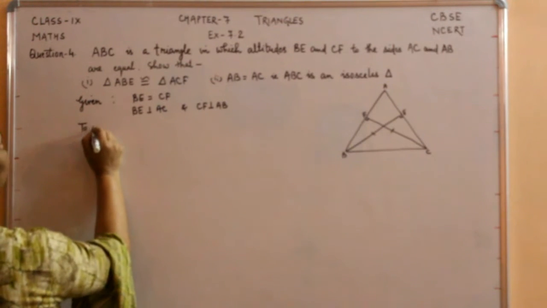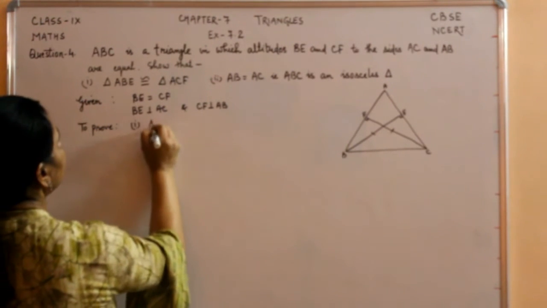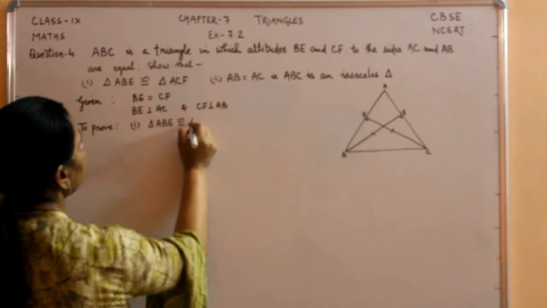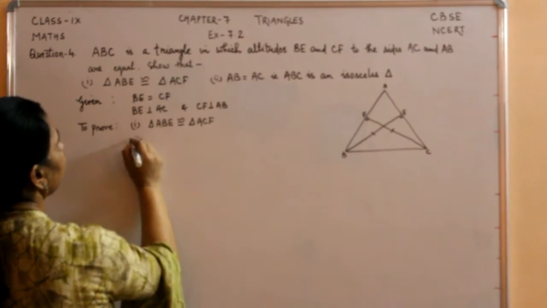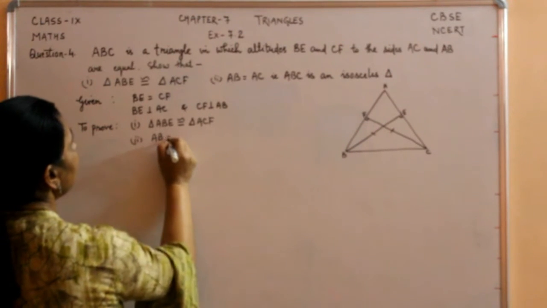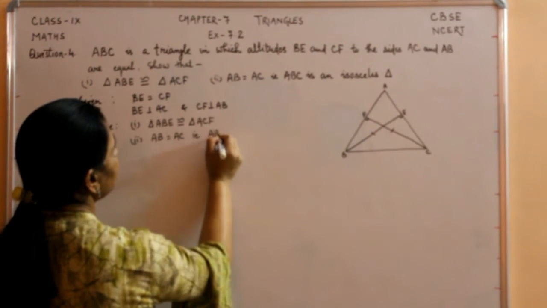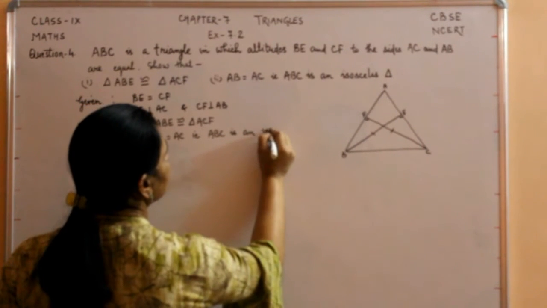What we have to prove? Number 1, triangle ABE is congruent to triangle ACF. And second, AB is equal to AC, that is, ABC is an isosceles triangle.